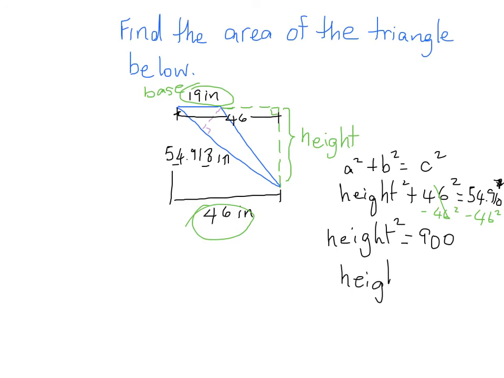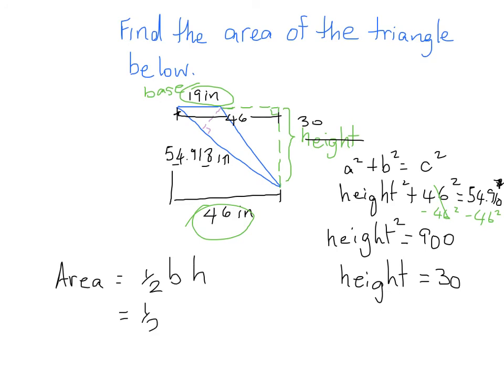I know this is pretty tricky because you wouldn't have thought that the height would have been outside the triangle, but it totally is possible. So our height then we can have as 30. Now that we have our height, we can substitute into the formula. Area equals a half base times height.